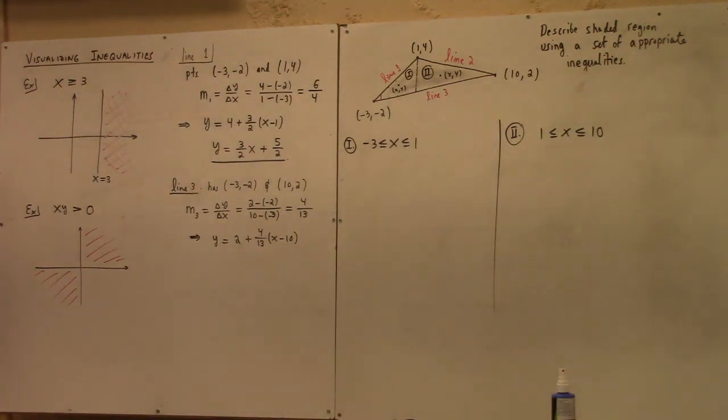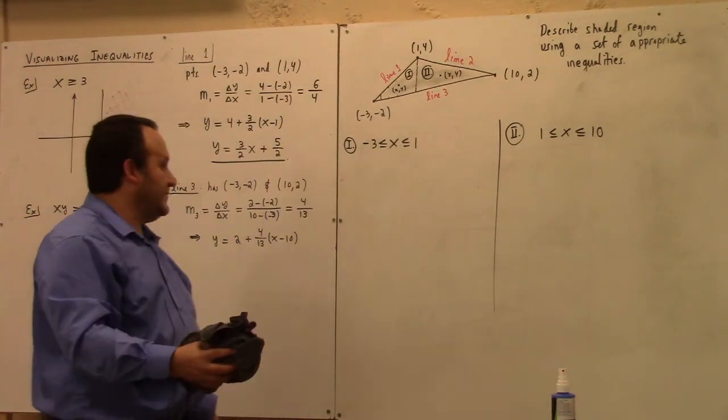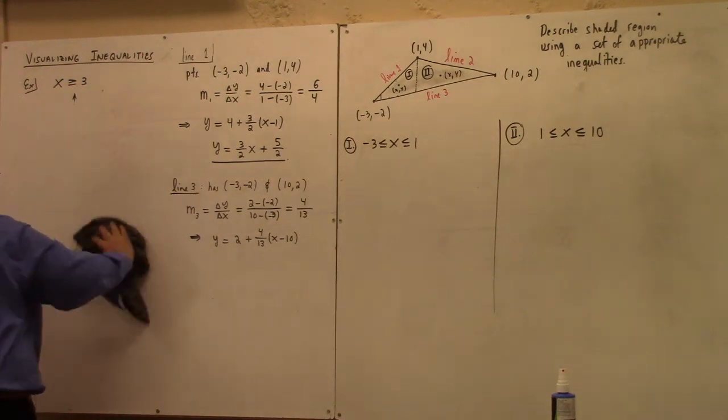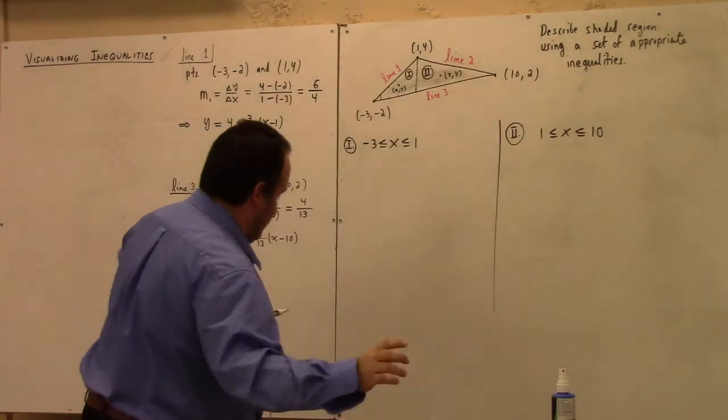Do you guys understand what I'm doing? The point slope thing I just did? So I know there's a point, and I know that there's the slope, so I can write the formula for the line down, right? Point slope says that if you know the slope is m, and you know that (x1, y1) is a point on the line, then we can write the formula for the line down immediately.